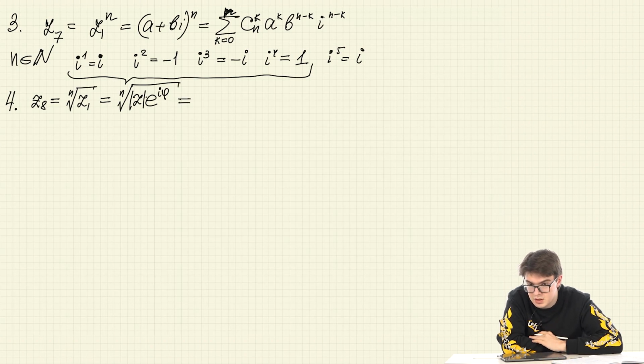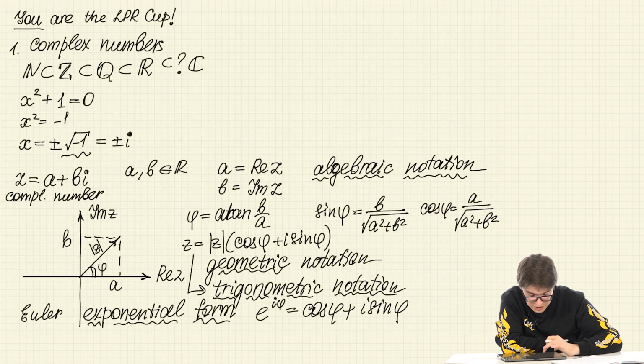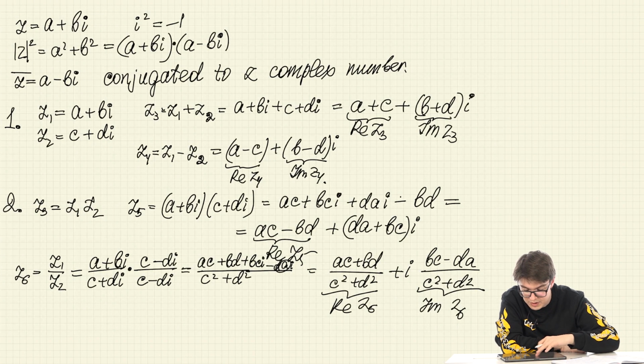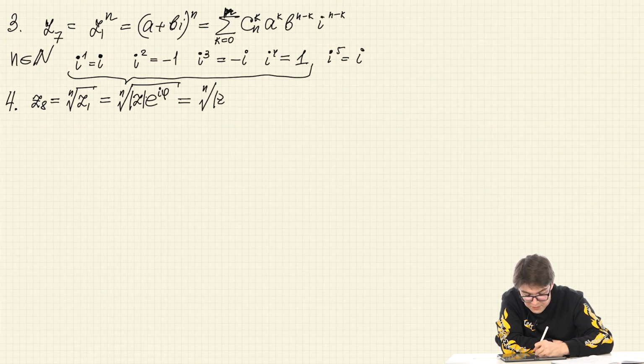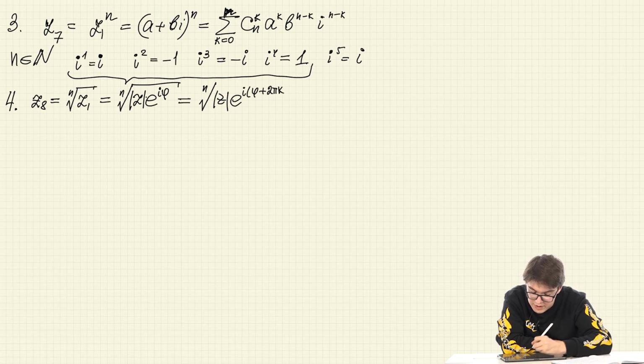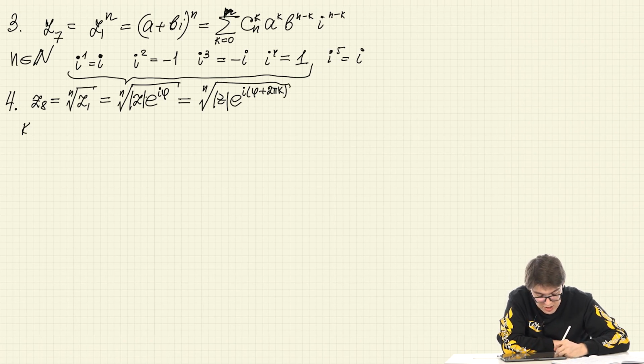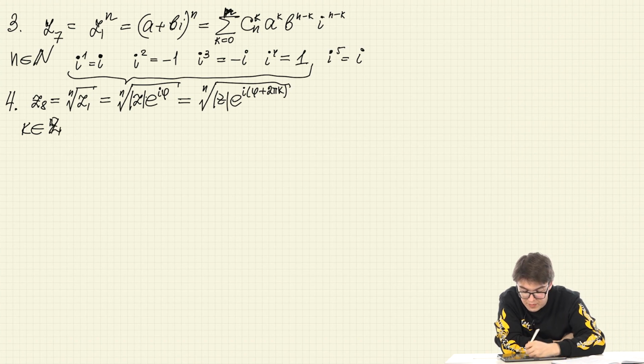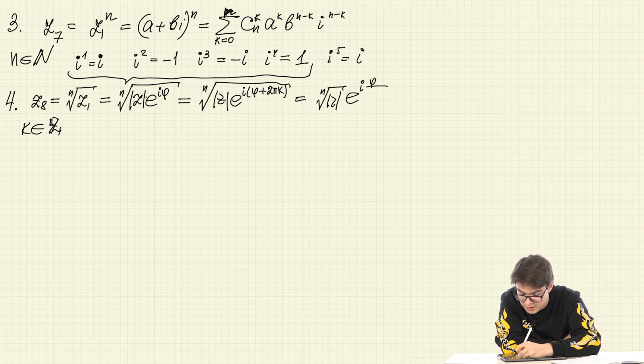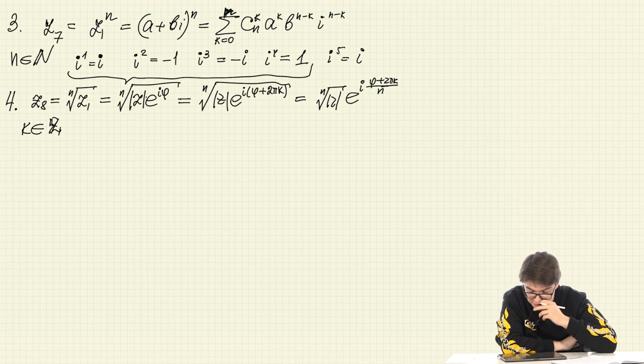And since there is the interpretation on the complex plane, each 2 pi radians, sorry, we turn into the same point, and we can write then i times phi plus 2 pi k over n, where now k is an integer number, and let's write it separately in this way.